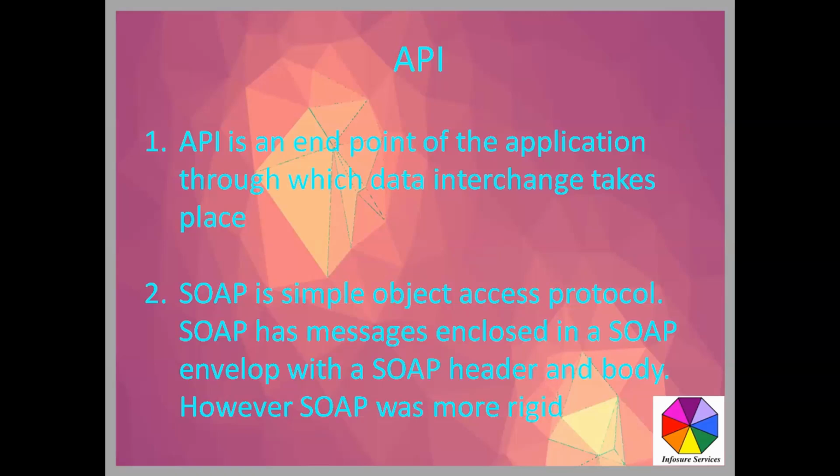Now SOAP is Simple Object Access Protocol. Around the origin of this data transfer, we have a protocol called Simple Object Access Protocol, shortly the acronym SOAP, and it has messages enclosed in a certain format.